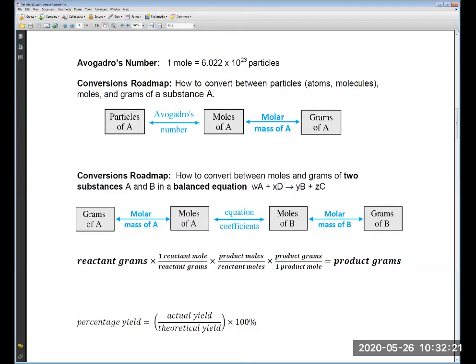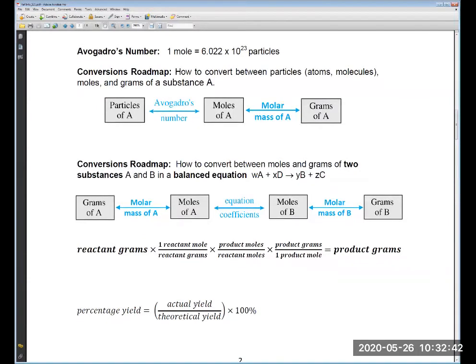So you would use that to find the number of particles. And of course, this roadmap can be used from left to right, from right to left, and you can do just one step, not the two conversions, right? So it's just a guide here.